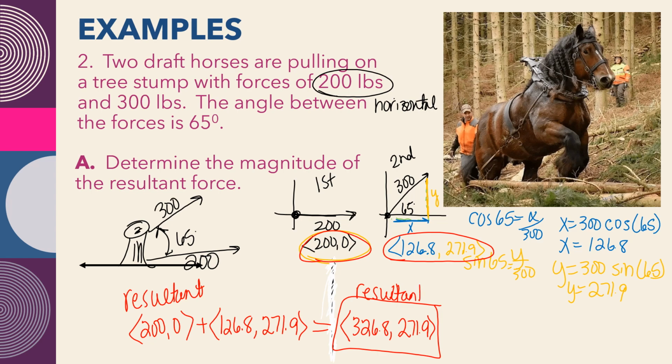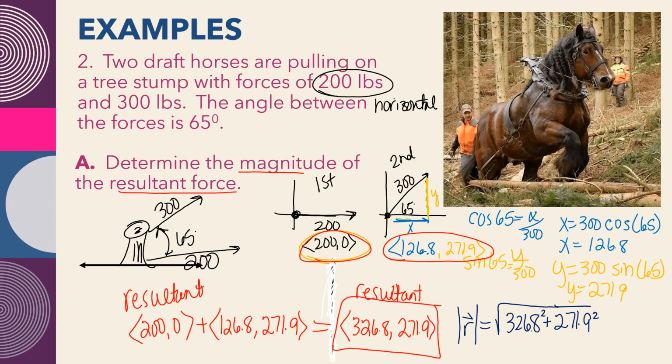What does it ask us to do? Yep, that's exactly right. It asks us to determine the magnitude of the resultant force. Okay, so to find the magnitude, I'm just going to make this R. So the magnitude of R for the resultant is going to be the square root of 326.8 squared plus 271.9 squared.